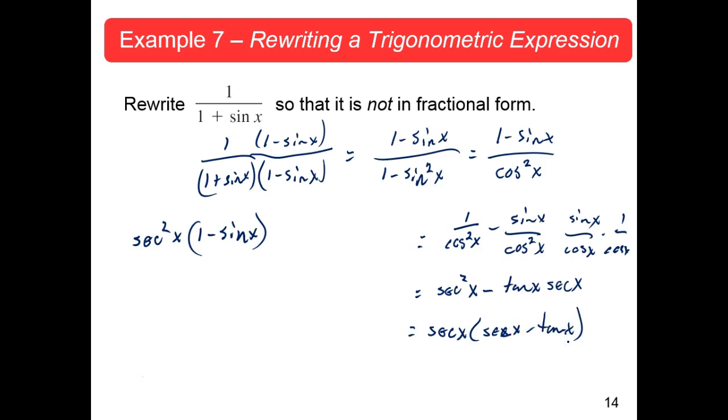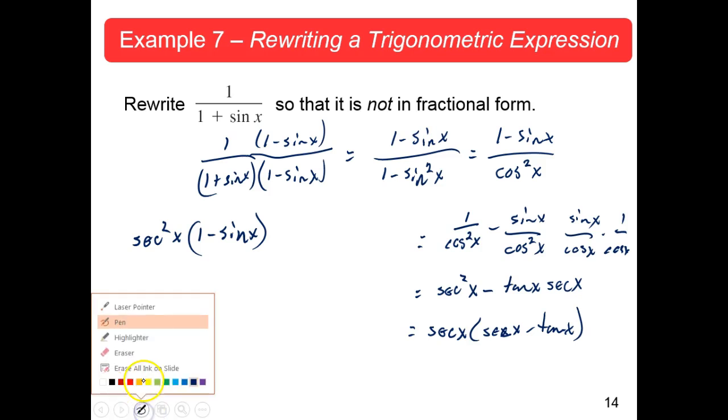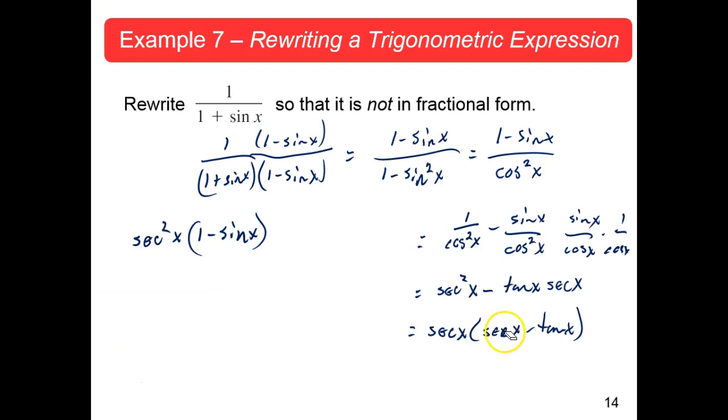So lots of ways you can leave your answer. This did exactly what they asked for. This does exactly what they asked for. That does exactly what they asked for. So they left it the middle way, the one right there.